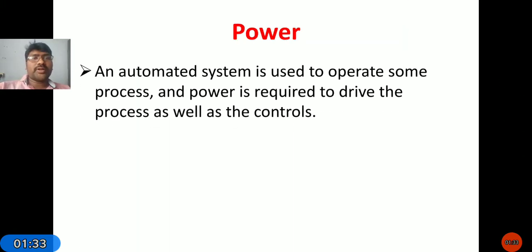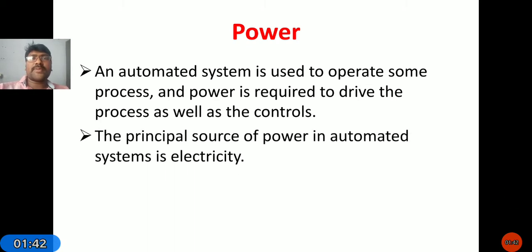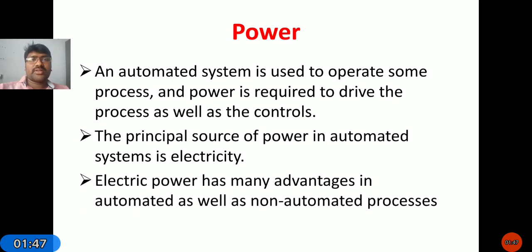Coming to power, an automated system is used to operate some process, and power is required to drive the process as well as the controls. The principal source of power in an automation system is electricity. There are different sources to develop power, but the main source is electricity. Electrical power has many advantages in automated systems as well as non-automated processes, so mainly in automated systems we use electrical power.